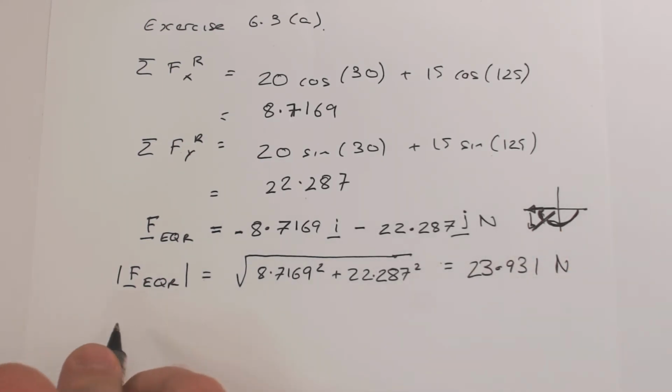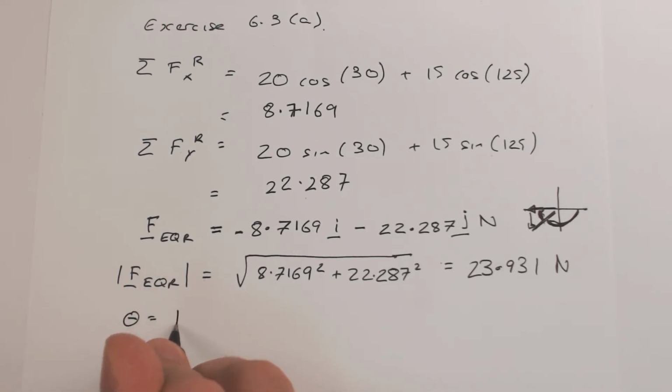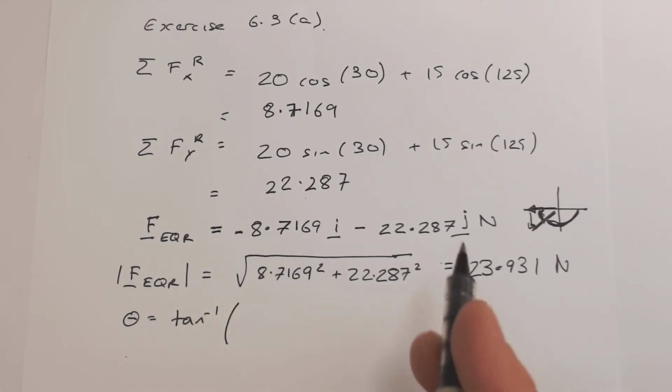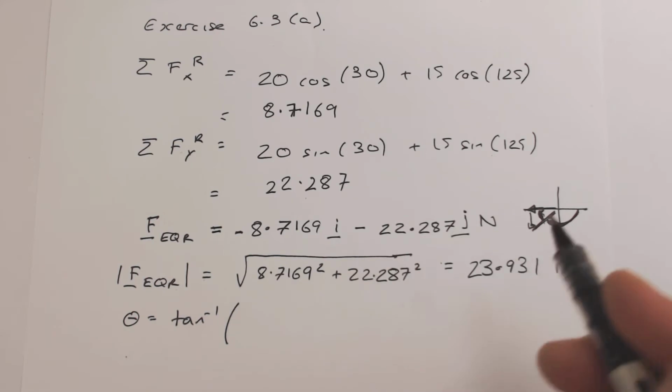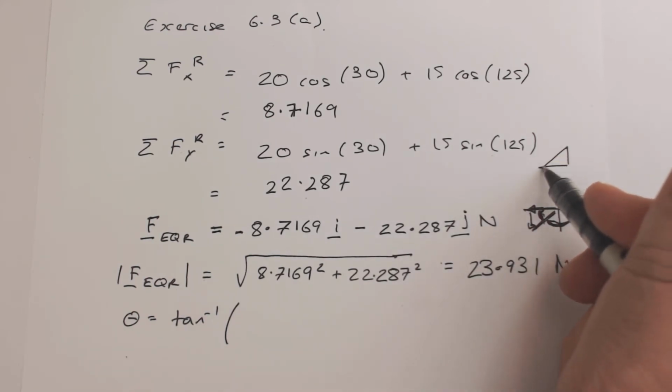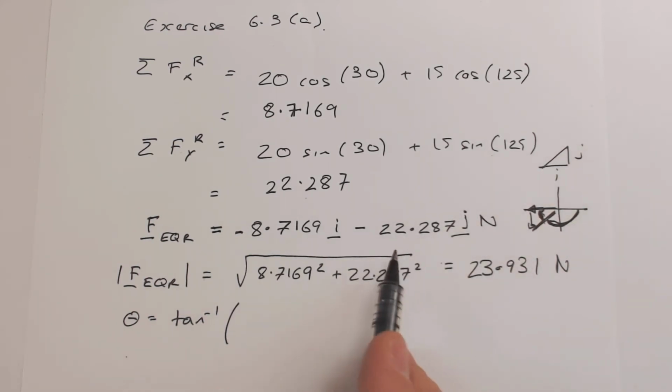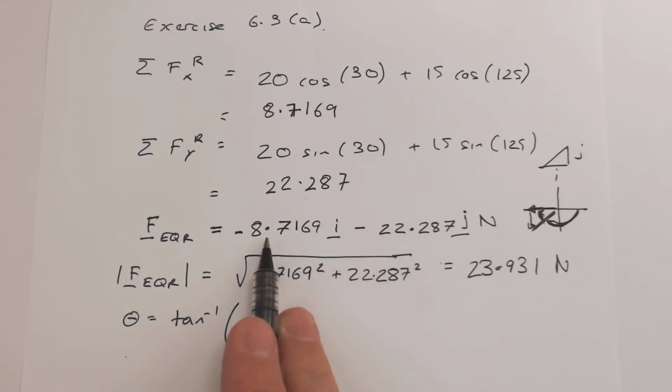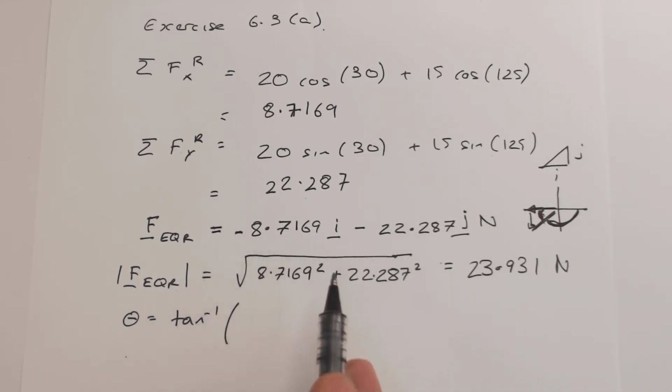Now for the angle. So what we're going to do for the angle, as I said, is theta equals arctan, or if you prefer tan inverse function. The opposite is the value on the j side, so that's going to be the minus 22.287. So notice I'm dividing the minus by minus.